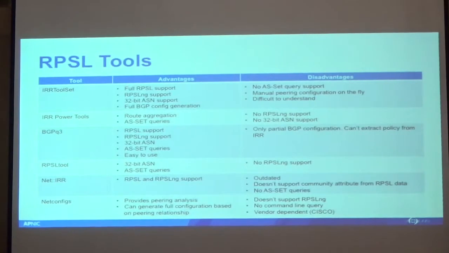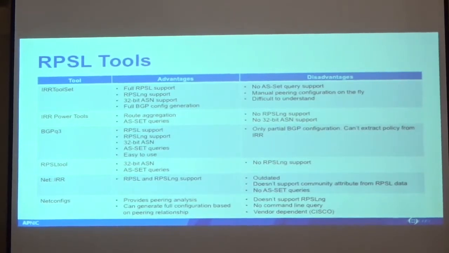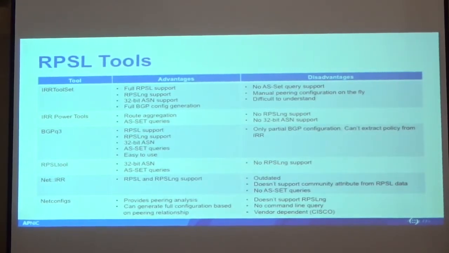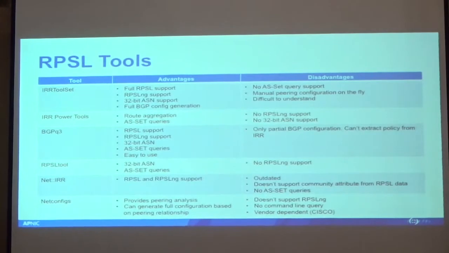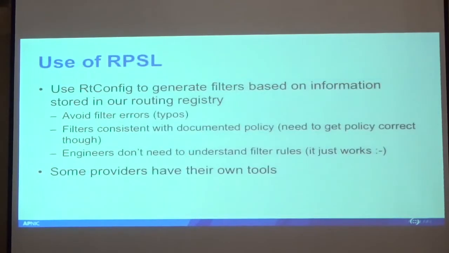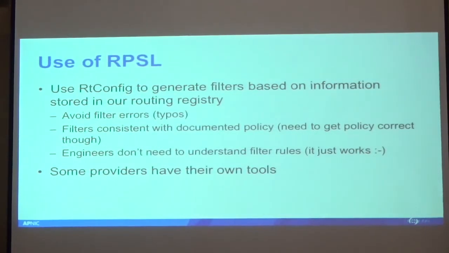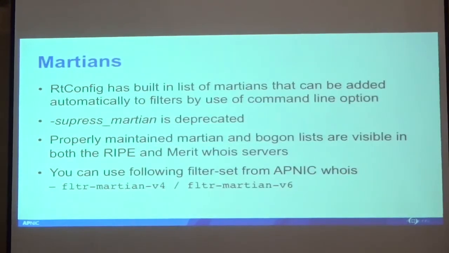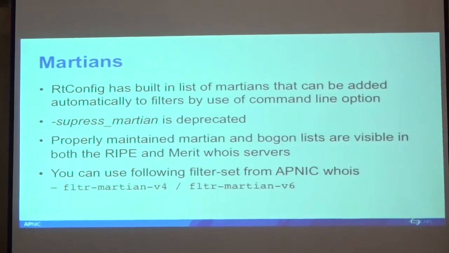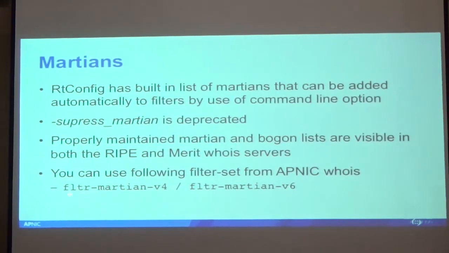That's how it is. Just a comparison of different tool sets. It's up to you. What you should look at, if you're preferring one tool over the other, is if it has support for 32-bit ASN and if it has support for RPSLng, IPv6 and 32-bit ASNs. So how do you use this? I'll just show you an example. This is what we created earlier.